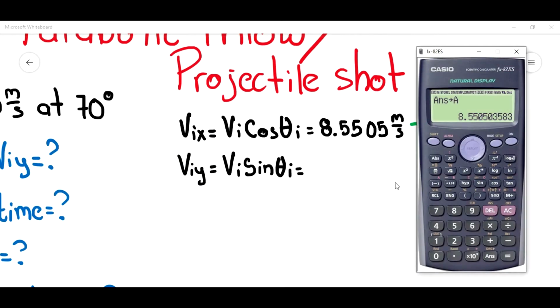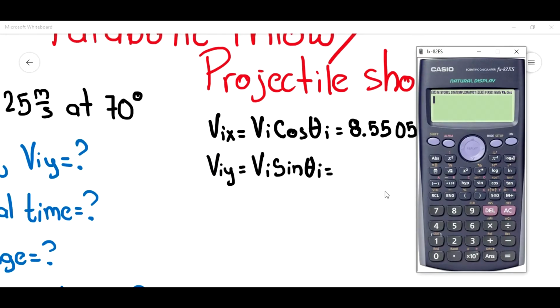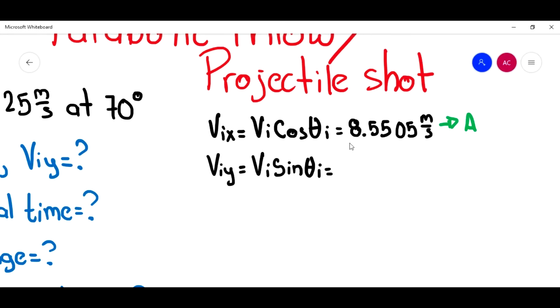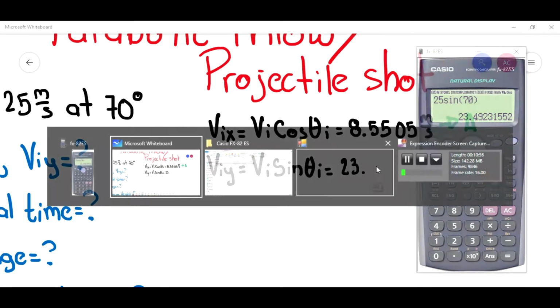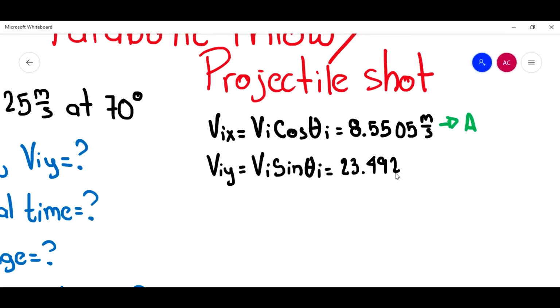Now, let's find the initial velocity in y. Okay, initial velocity in y is going to be 25 that multiplies the sine of 70 degrees equals, okay, so I'm going to write it: 23.49 meters per second.